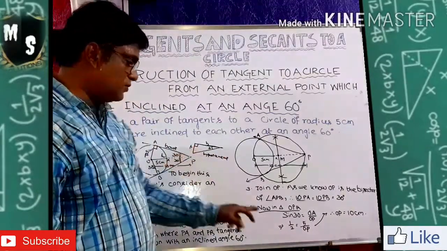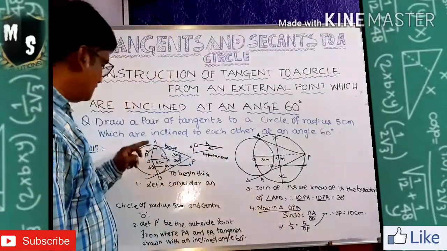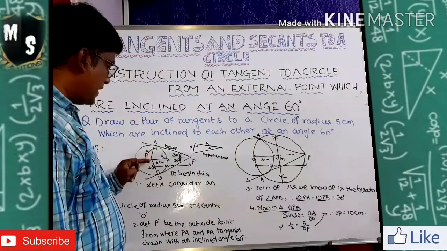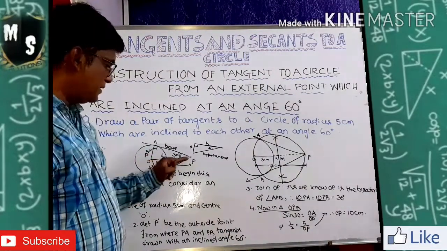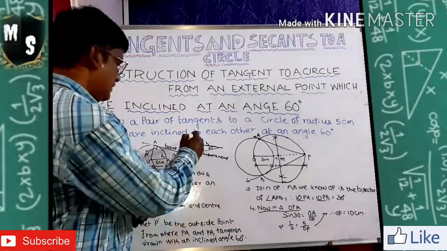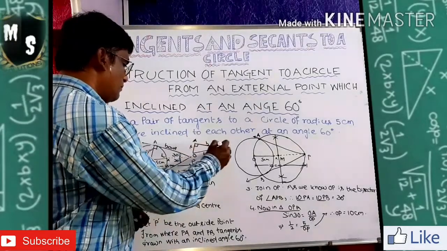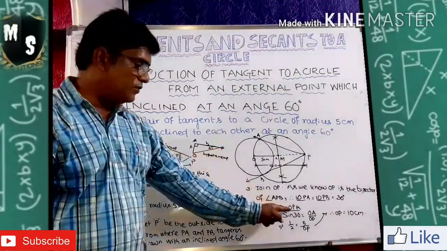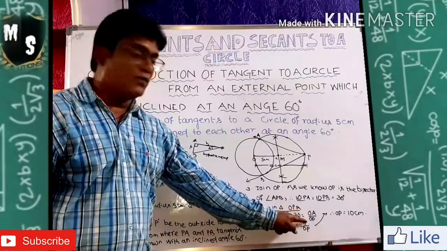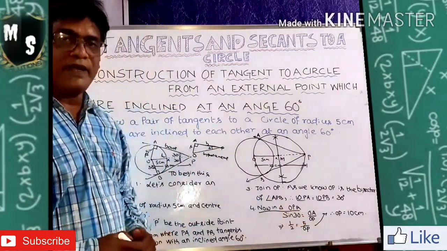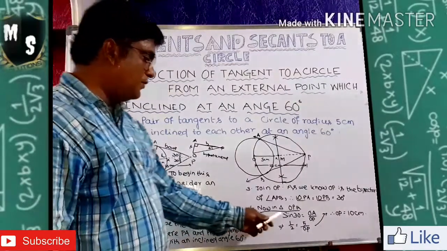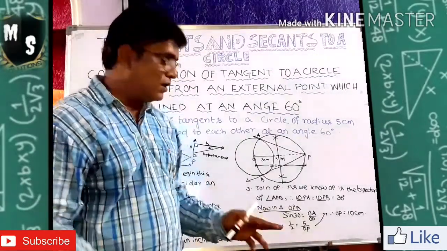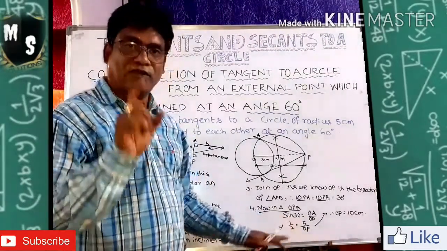So I put here perpendicular is OA, hypotenuse is OP. I wrote here sine 30 equals OA by OP, perpendicular by hypotenuse. So when you go through trigonometry, you will know sine 30 has some value. The value is half.